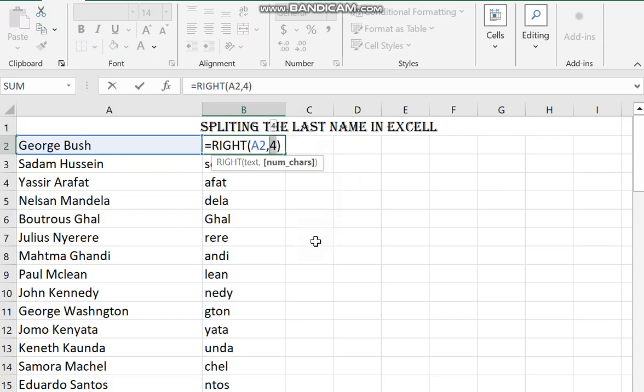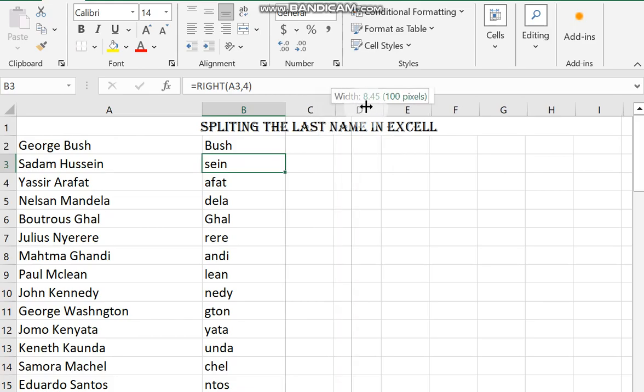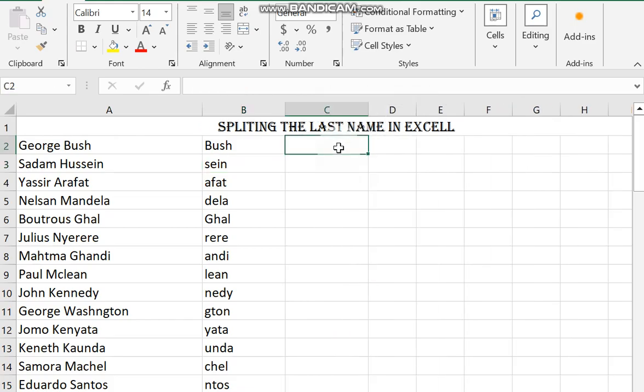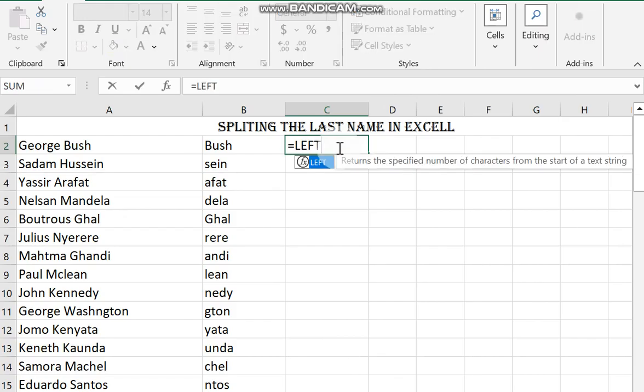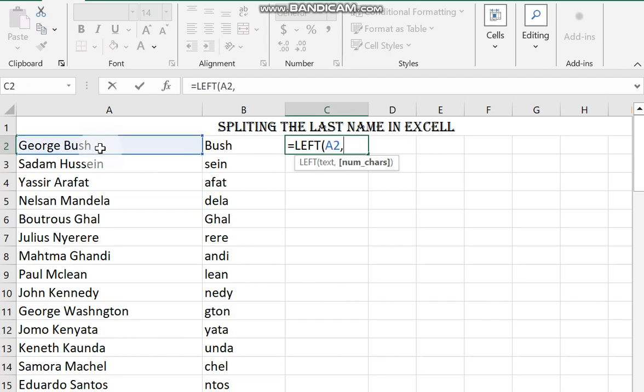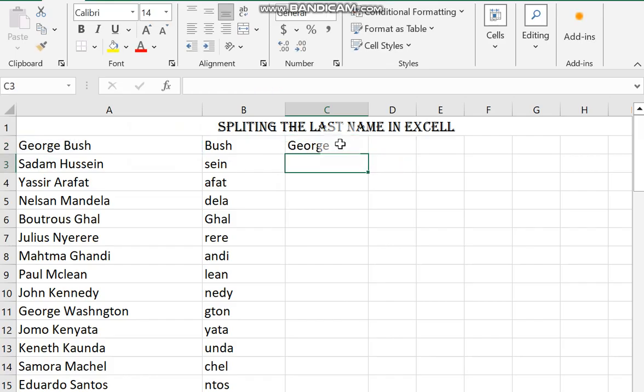It should be generated within the text itself because each name has a different number of characters from someone else's name. Now, how do we do it? When we were finding the first name, let me remind you, it was left, this cell, find space in this name. Then it's okay.